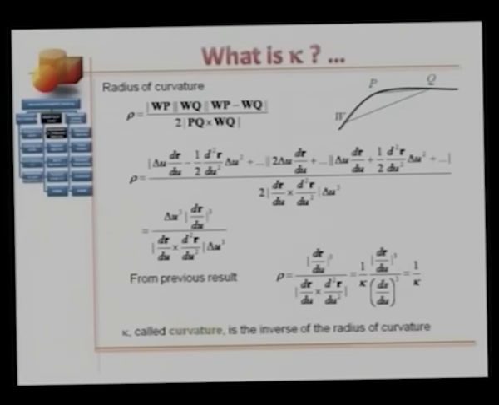So kappa, after all, has some physical significance. It's called curvature, and it is the inverse of the radius of curvature, rho. Next, torsion, another differential property of curves.